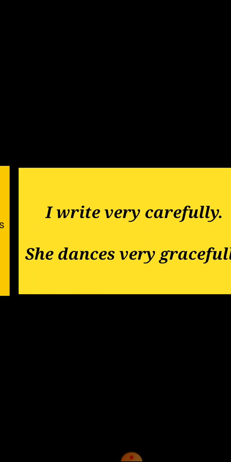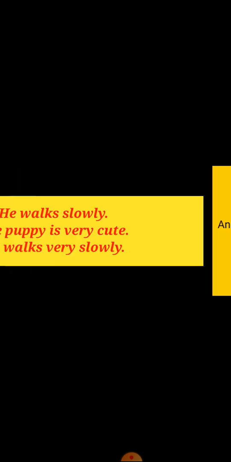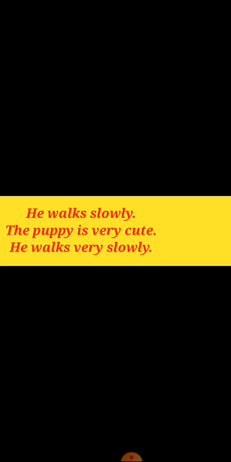Okay, now we can define an adverb like this: an adverb is a word that describes or modifies verbs, adjectives, or other adverbs. Here, let's look at these examples. He walks slowly. Here, slowly describes the verb walk. So, slowly is an adverb.